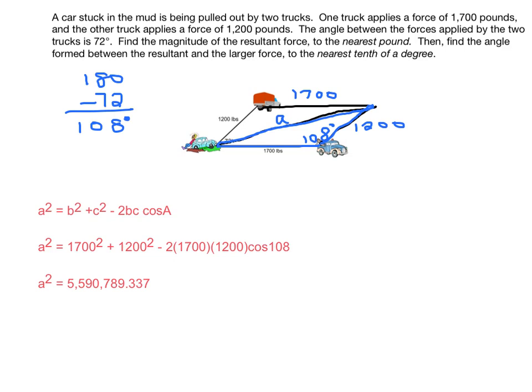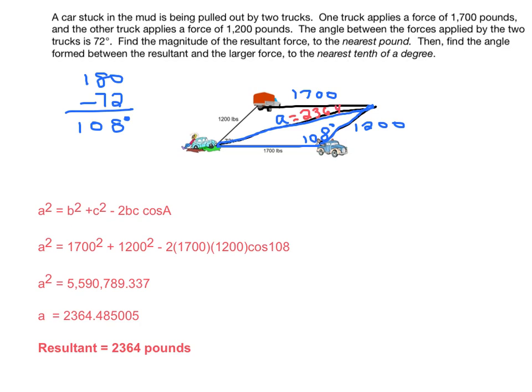And then to get rid of the square, you take the square root. If we go back to the question, it says that they want us to round it to the nearest pound, which means the nearest whole number. So we wind up getting the resultant to be 2,364 pounds. So I'm just going to put that over here. A equals 2,364 pounds.